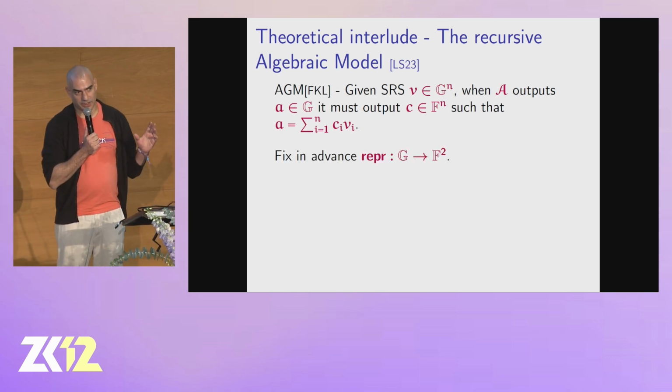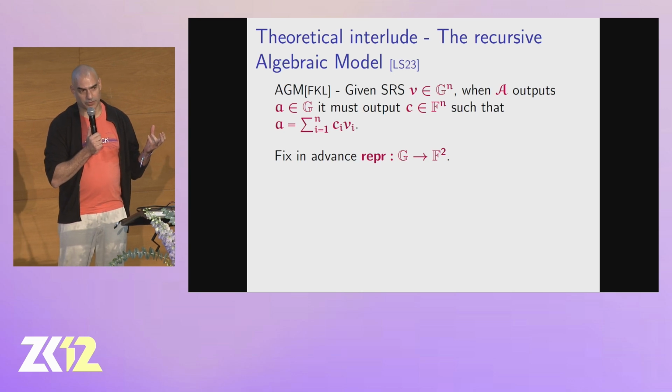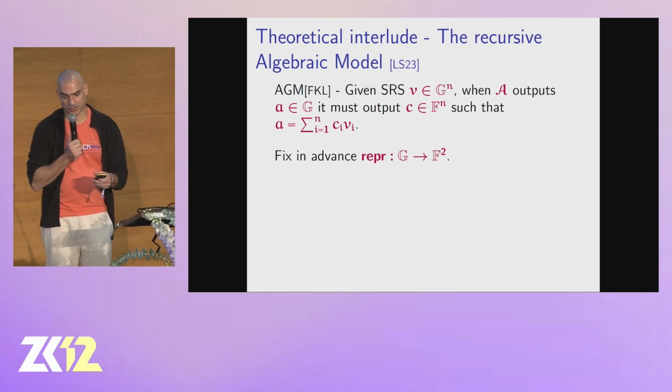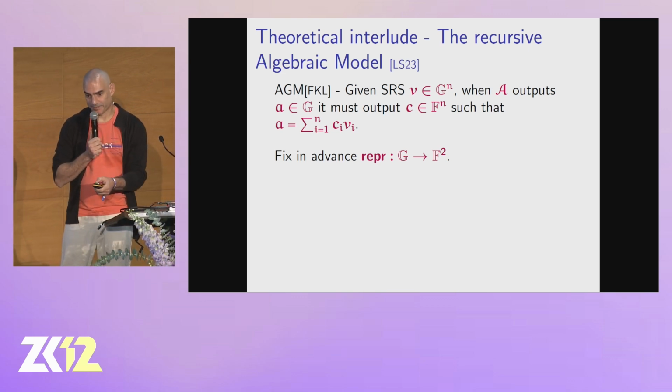But now let's say these group elements, we're representing them as pairs of field elements. So fix some representation function of G by pairs of field elements.